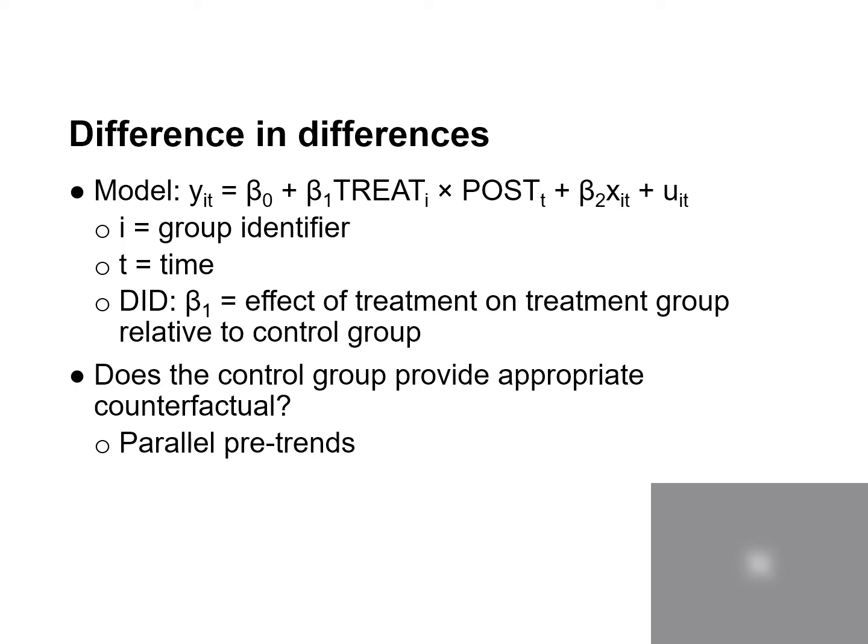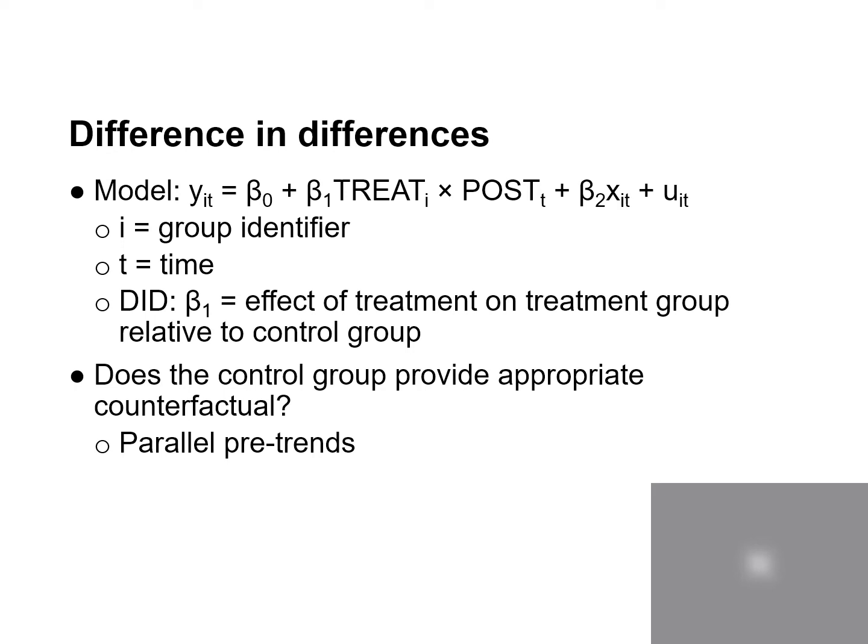In this equation, i is the group identifier. i equals 1 refers to the treatment group. i equals 0 refers to the control group. t is a measure of time. And post subscript t is the period after the implementation of the policy equals 1. And in the times before the implementation of the policy, post subscript t will be equal to 0.